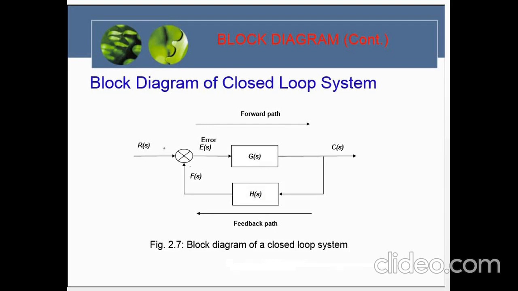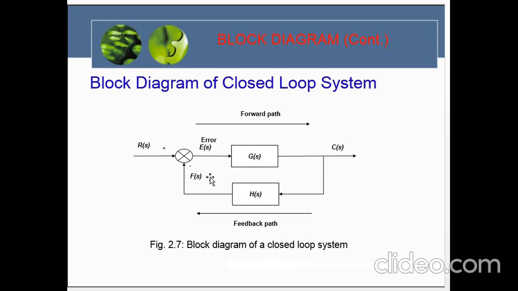Next we look at the closed loop system. Figure 2.7 shows the block diagram of a closed loop system. Here we see there is the feedback, and there is the loop, and there is the comparator or summing point. The input is R(s), and that is the feedback signal F(s).